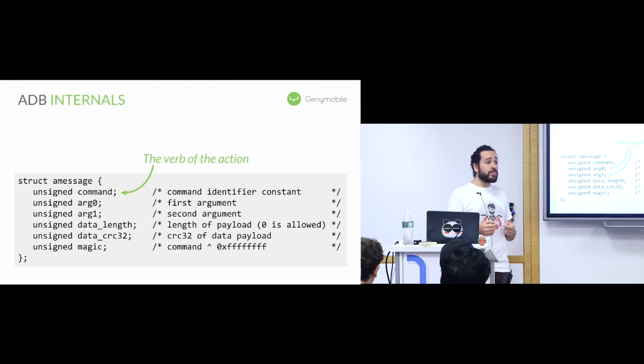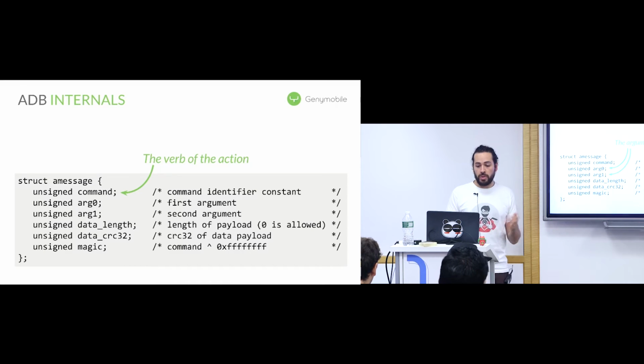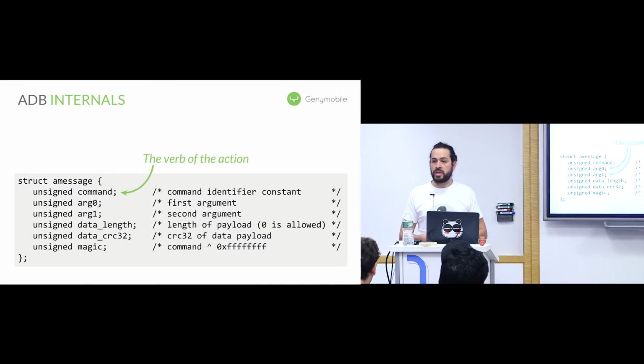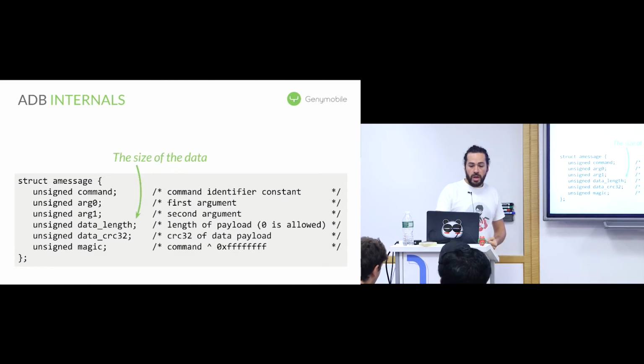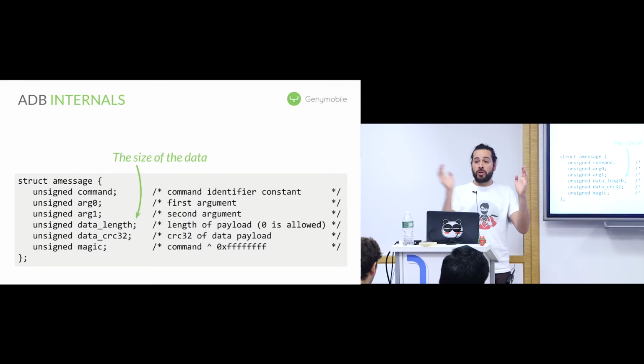They don't have a real meaning like that, but depending on the command, arg0 and arg1 will have a dedicated signification. We will see some examples later. And the last one that is useful for us is the data_length information, which describes the length of the data that is following the header. And the other ones, you don't care, and me neither.